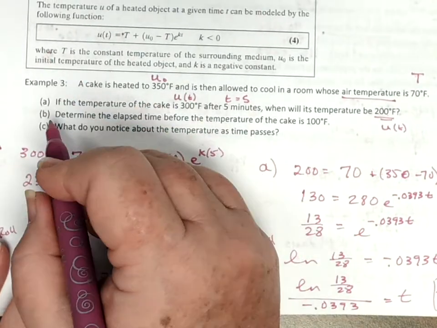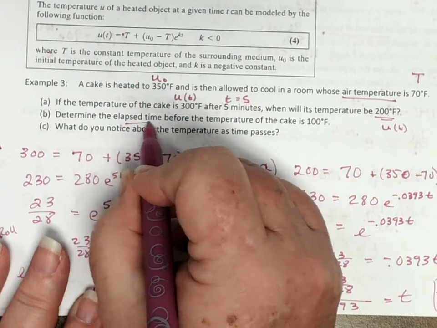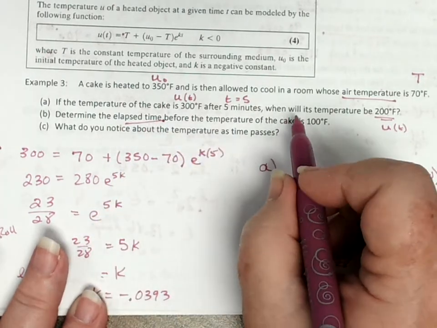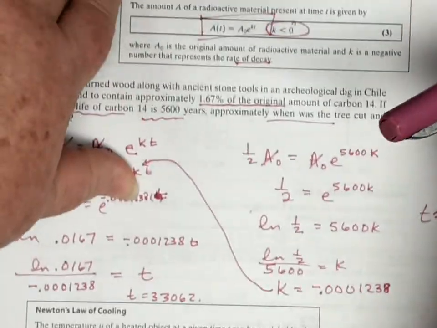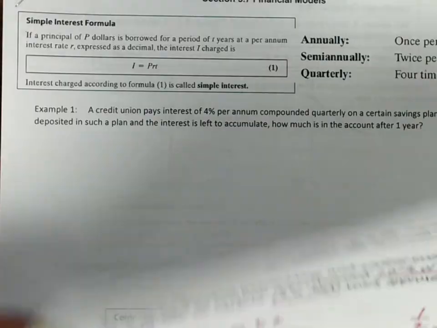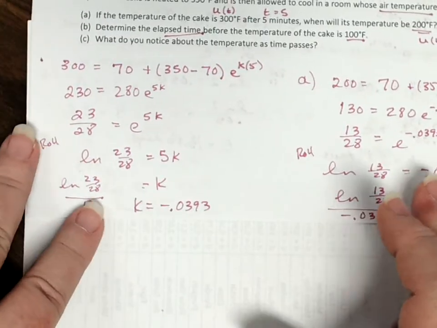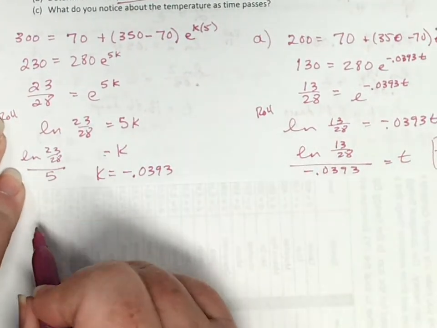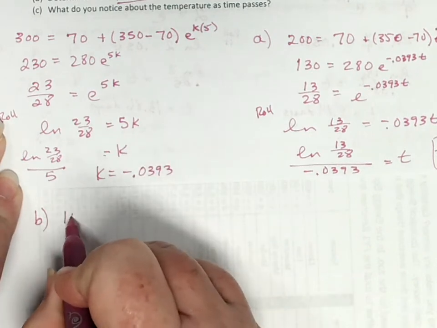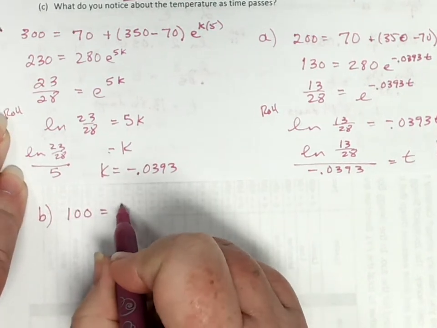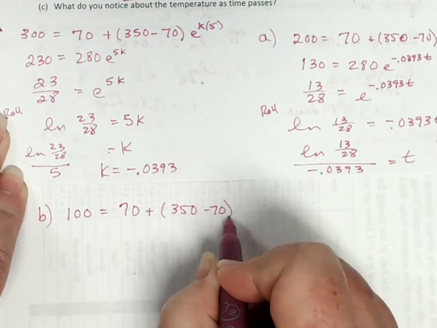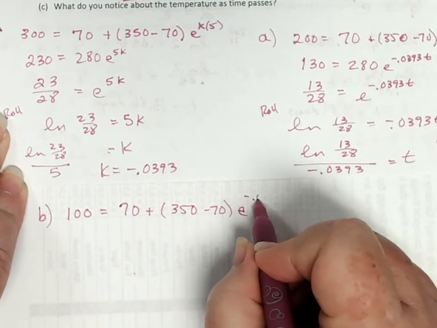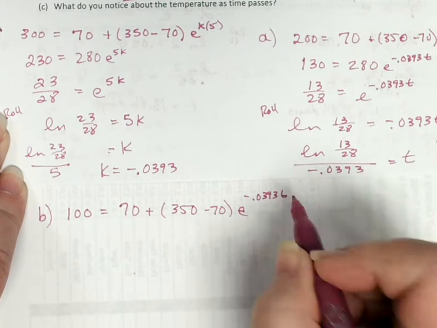Now, let's look at question B. It says determine the time, so once again we're looking for t, to reach 100. We're going to solve problem B, we're going to set it equal to 100 degrees, but the same formula. 70 plus 350 minus 70 times e to the negative 0.0393 t.